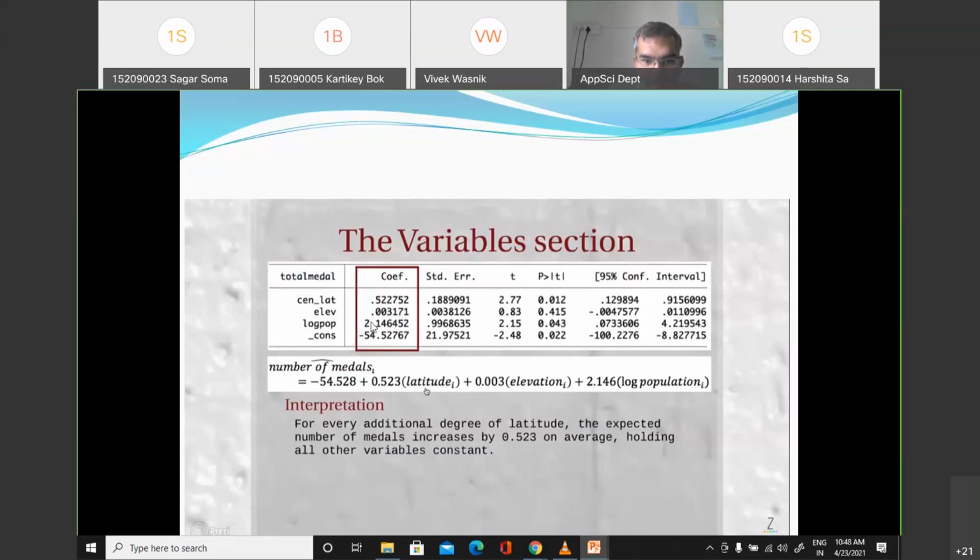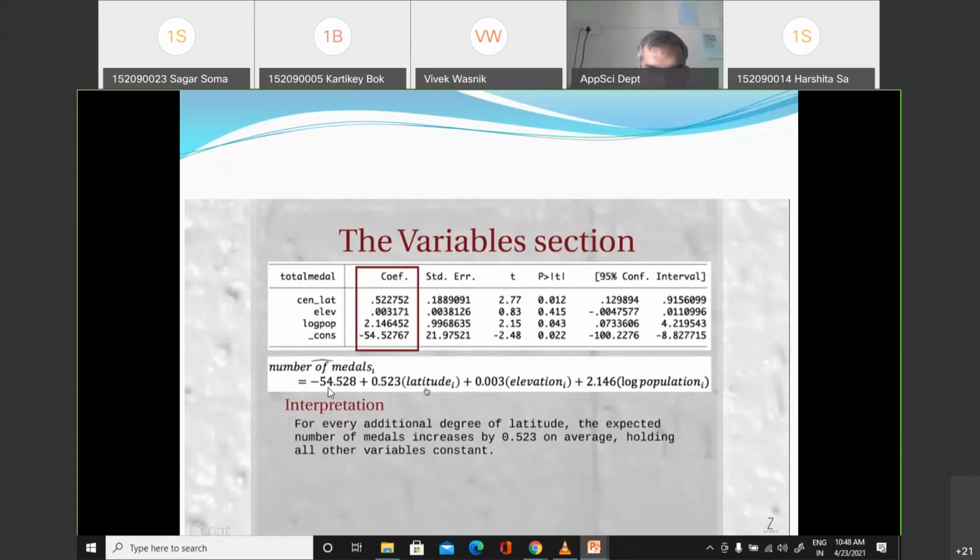So from this table, what will be the regression equation if I want to tell you? If I ask you what is the regression equation, actually it is given on the slide itself, just below the table. Yeah, so when you see this output, the regression equation is this.